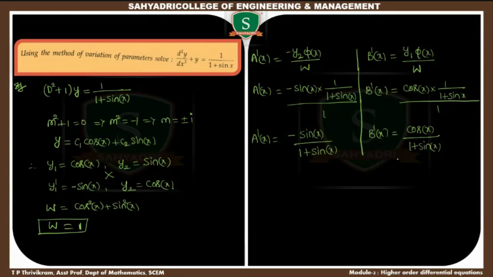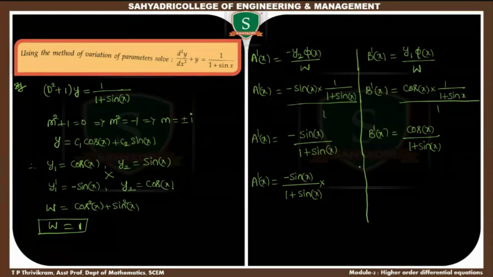Now, how will you solve this? We need to apply integration for this. Any idea? a dash of x is equal to minus sin x divided by 1 plus sin x, into, you can multiply with the conjugate of the denominator.